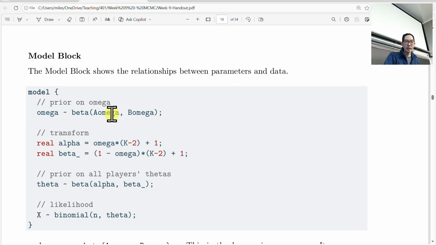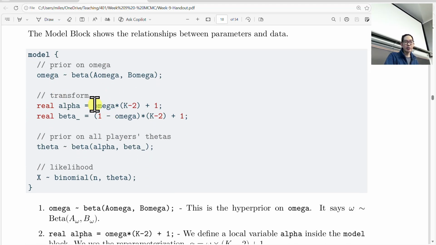And then we need to transform from omega into alpha and beta. So alpha is omega times (k minus 2) plus 1, and beta is (1 minus omega) times (k minus 2) plus 1. I put an underscore with the beta because beta is a reserved keyword for the beta distribution, and here we want a beta value, which is a real number.